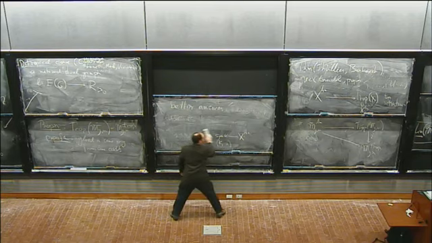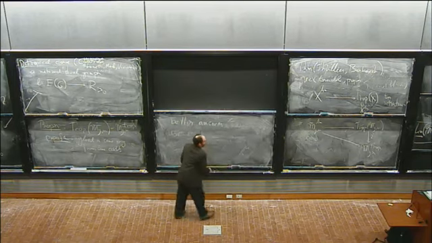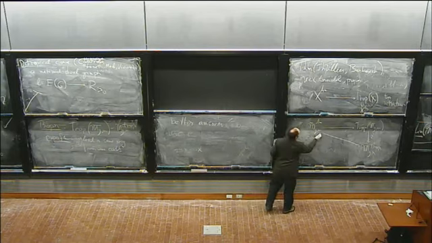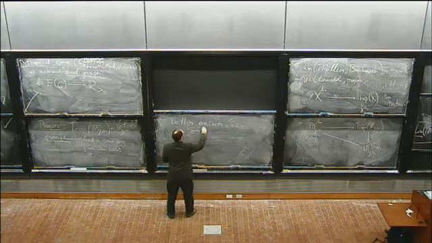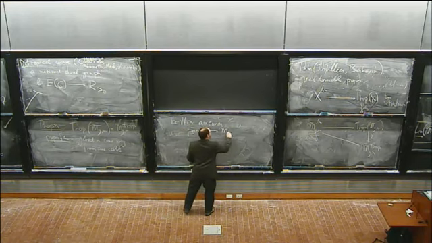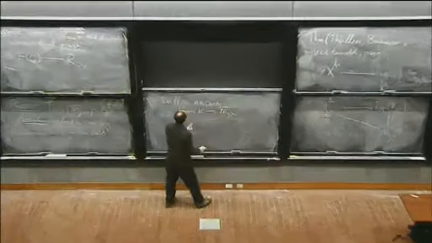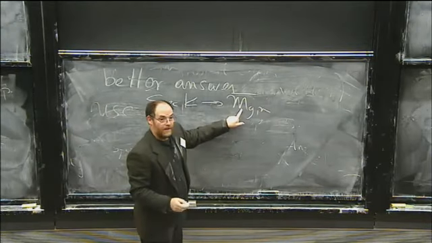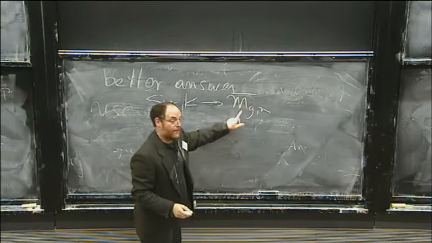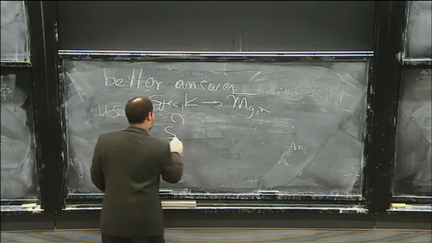And the reason I want to show it is because it's beautiful. So what's a point here? The point here is a map from spec K to MGN bar. K is a valued field. MGN bar is proper, so it extends to spec of the ring of integers.